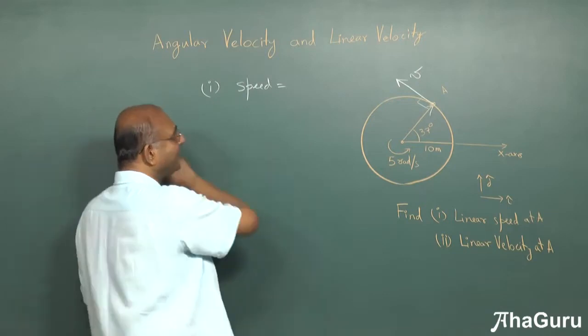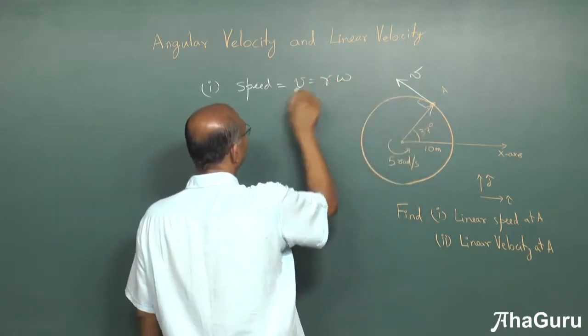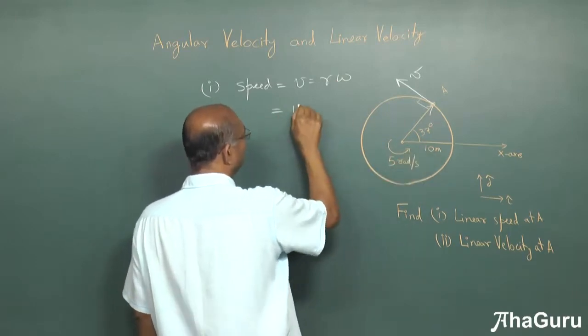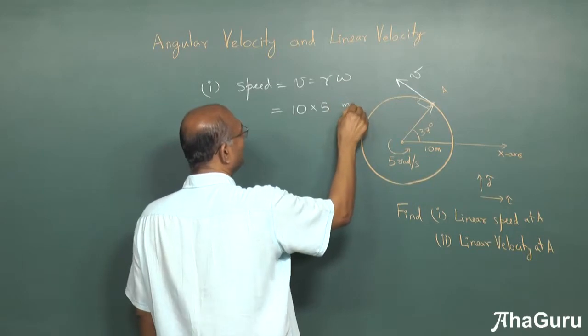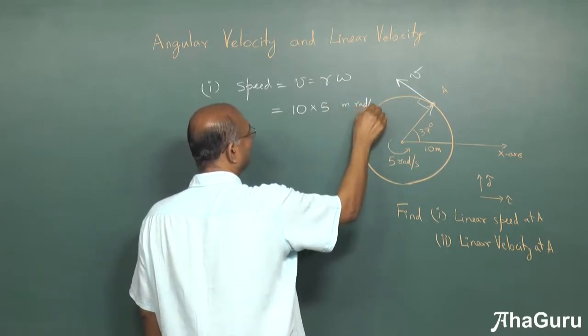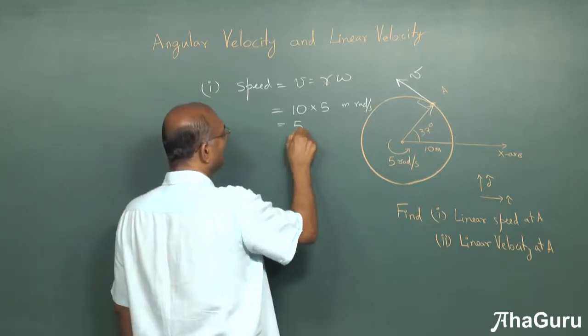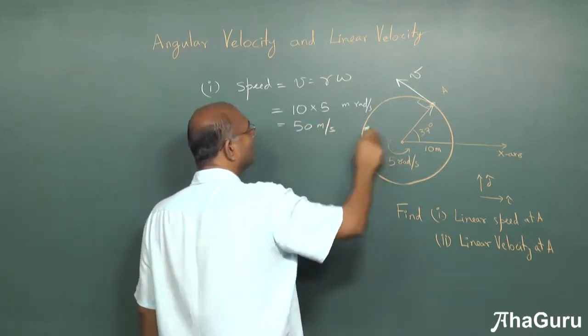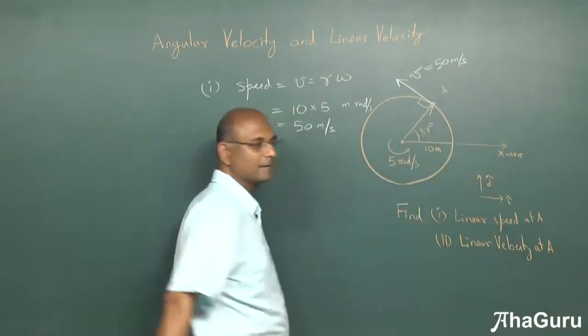Okay. So speed, what is the speed? Speed V is R omega. That is very easy. R is 10, omega is 5. Now 10 meters into radians per second. But meter into radians is just meter. So therefore this is 50 meters per second. So I know that the speed is 50 meters per second. So that is easy, right?